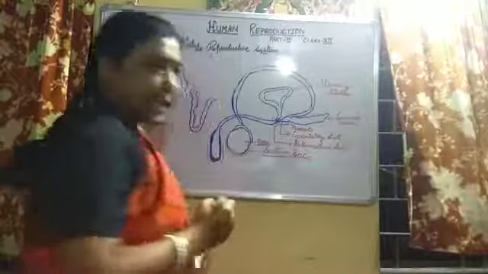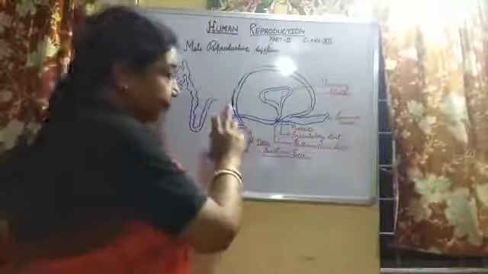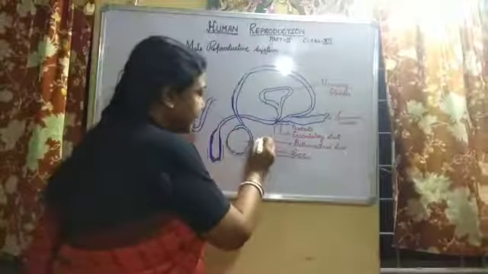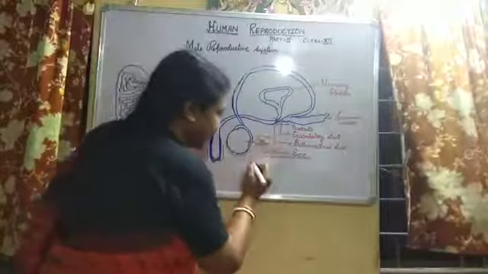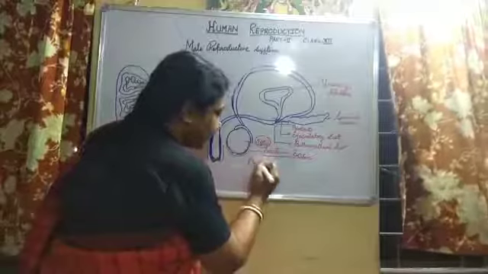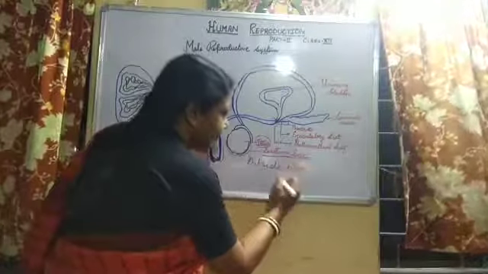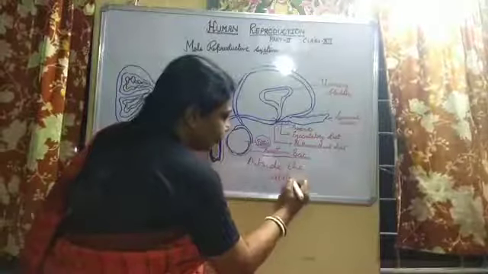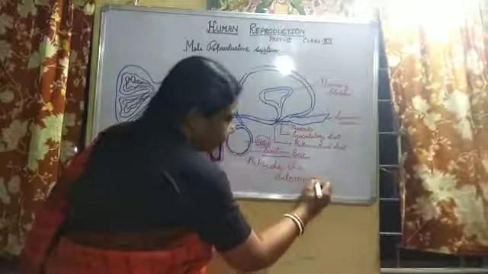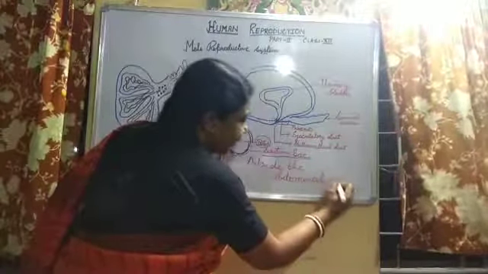Why scrotum sac? Because, as I told you all yesterday, the testis is located outside the abdominal cavity. There is a reason behind it.